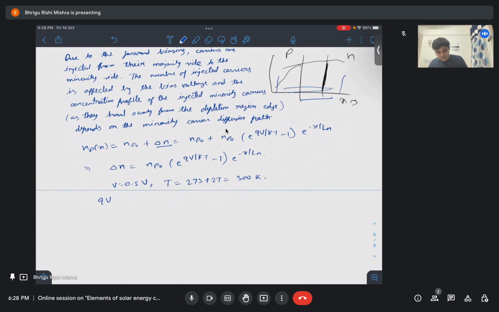If we solve qV by kT, that is 1.6 into 10 to the power minus 19 into 0.5 divided by 1.38 into 10 to the power minus 23 into 300, it comes around 19.32.